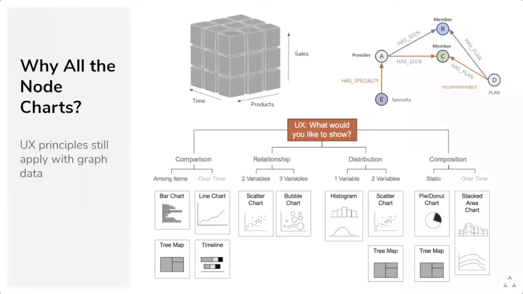Given this, if my data might be stored in this way, I can still imagine that I might need bar charts or scatter charts or pie charts. There's nothing inherently tied to the way the data is stored on the disk that dictates why I need one sort of visualization versus another.